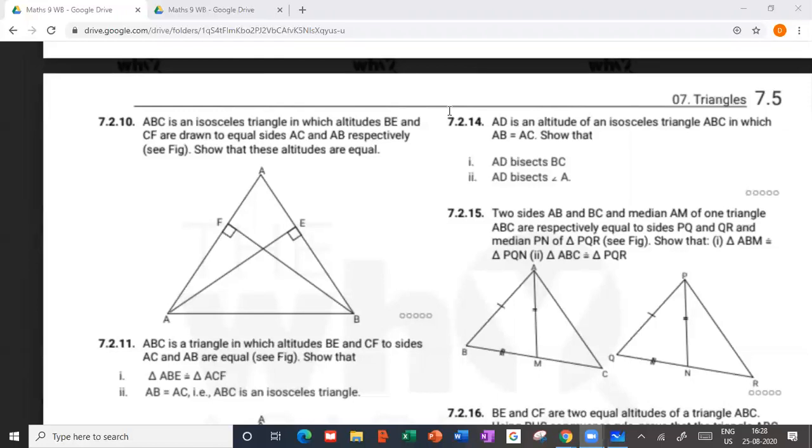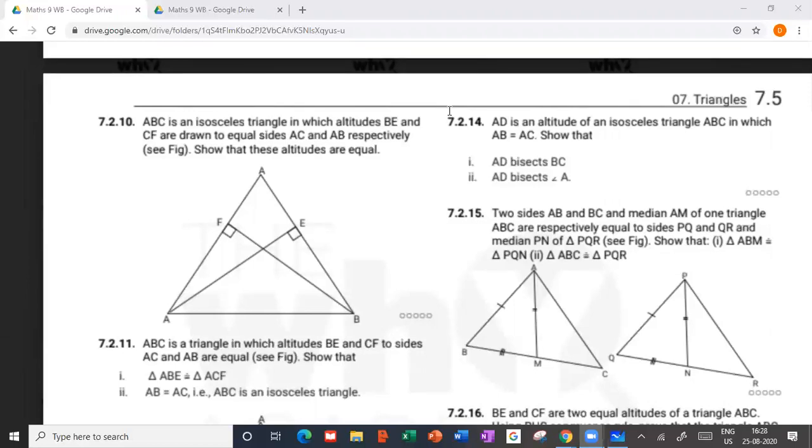Just give me a minute. Okay, so you have considered those two triangles. Okay, so then there is one more way to do it.